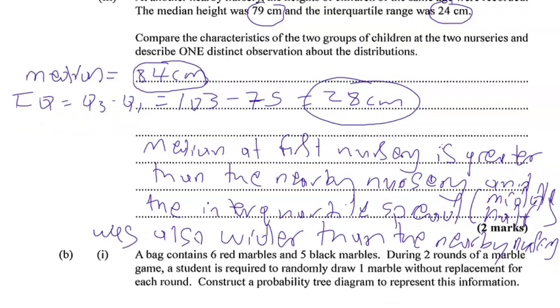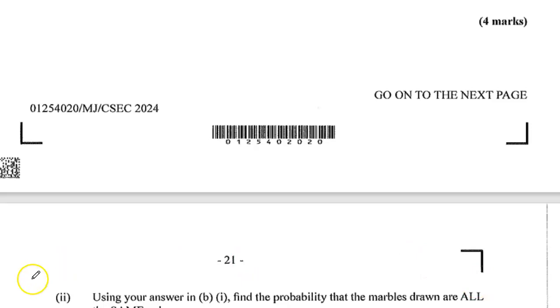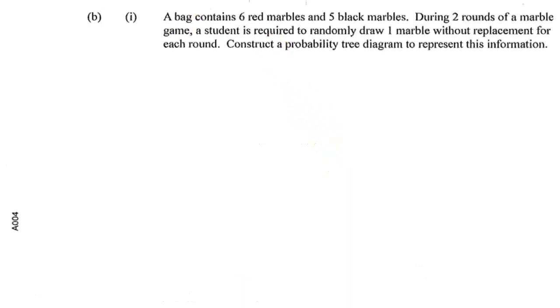All right, let's move on to part B. A bag contains 6 red marbles and 5 black marbles. So 6 red marbles and 5 black marbles, that's 11 marbles in total. During 2 rounds of a marble game, a student is required to randomly draw 1 marble without replacement for each round. Construct a tree diagram to represent this information. Alright, so let's start here.